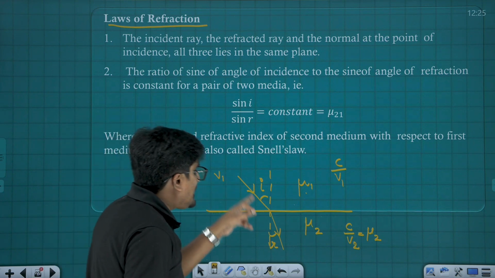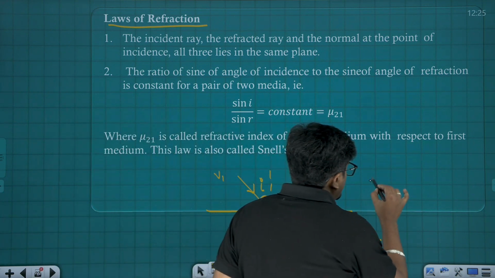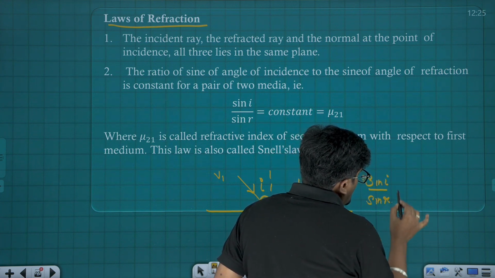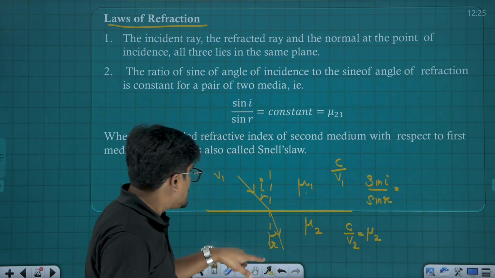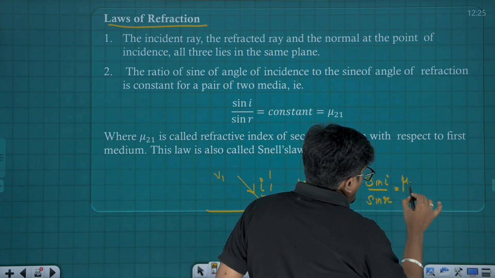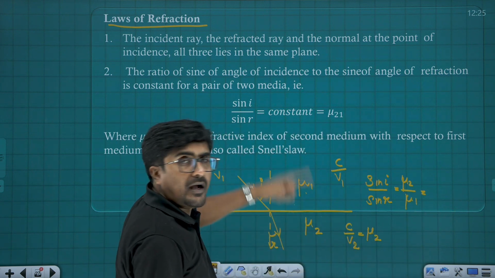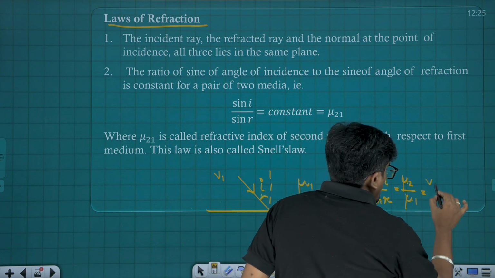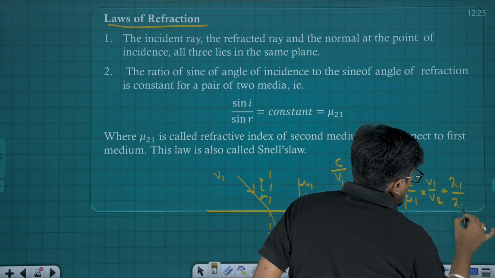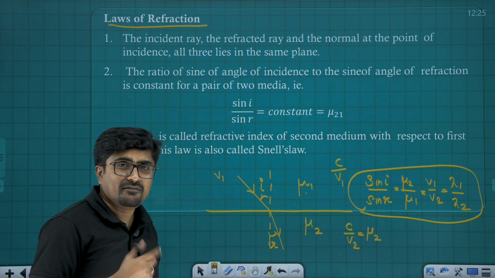Now, how do we connect the relation between I and R? That is Snell's law. The relation is sin I upon sin R equals mu2 by mu1, which equals V1 by V2, which equals lambda 1 by lambda 2, provided lambda 1 and lambda 2 are the wavelengths of the light.